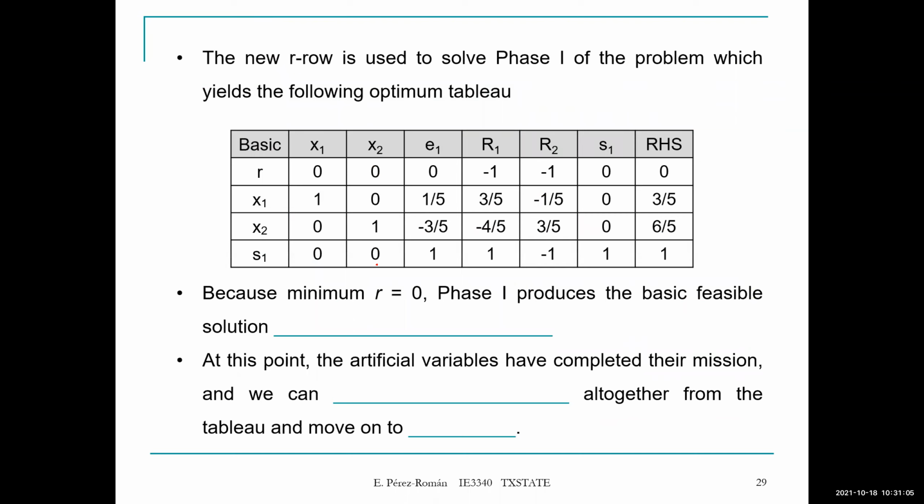Because minimum R equals 0, phase one produces the basic feasible solution x1 equals 3/5, x2 equals 6/5, and s1 equals 1. At this point, the artificial variables have completed their mission, and we can eliminate their columns altogether from the tableau and move to phase two. Okay, so what we are saying is they did what they're supposed to do. We no longer need them.